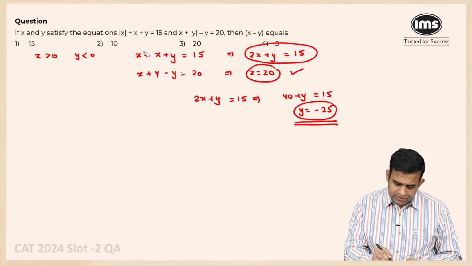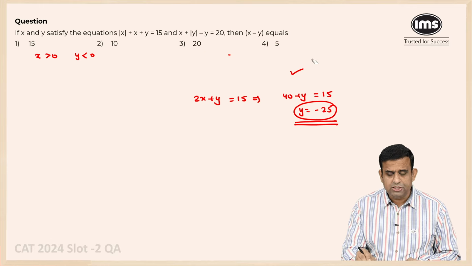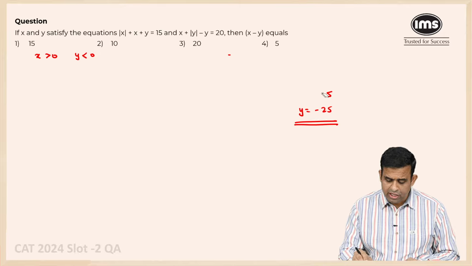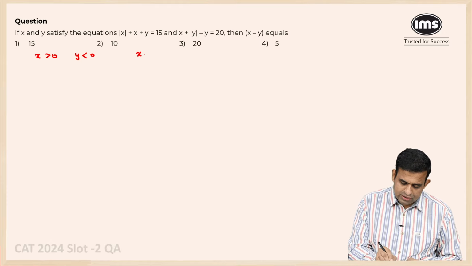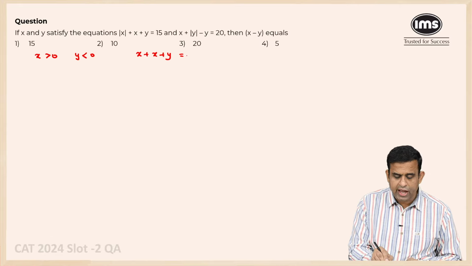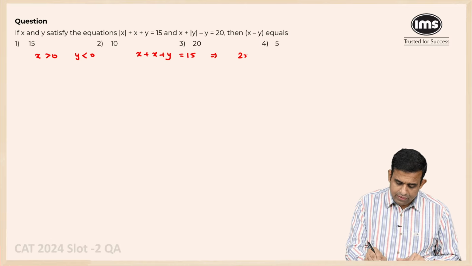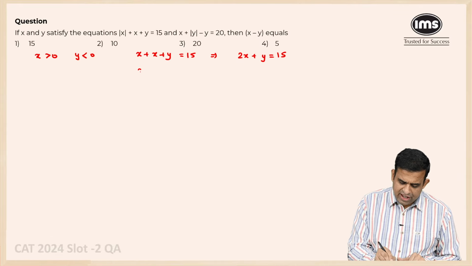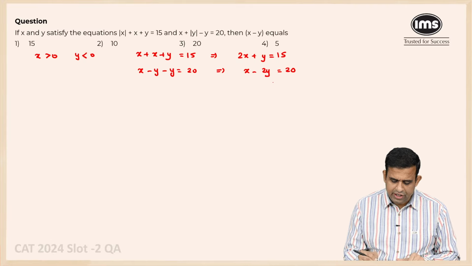If that is the case, then the term mod of x will be replaced by x and the term mod y will be replaced by minus y. So I am going to have now, this will be x plus y as 15, giving you 2x plus y as 15. And in the next term, x minus y equals 20 will give you x minus 2y is equal to 20.